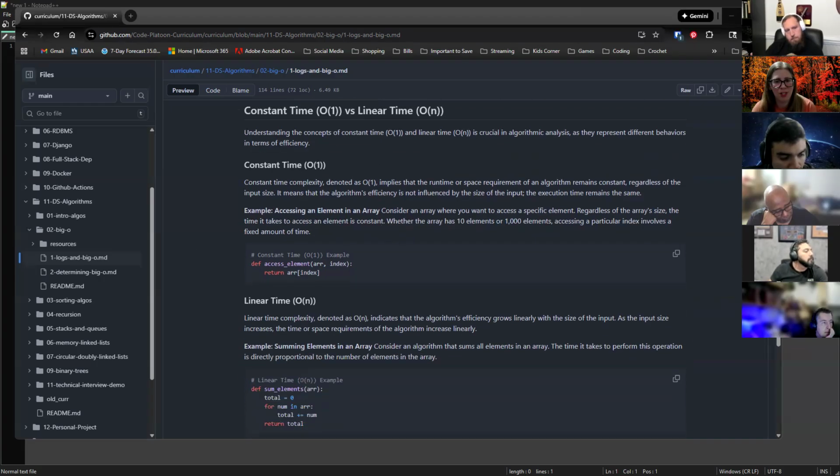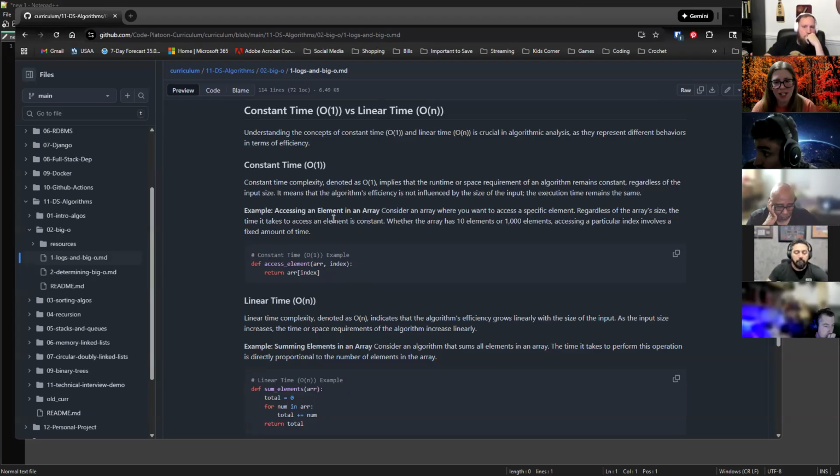And for constant time, basically the runtime and space requirements will remain constant regardless of the input size. So the algorithm is not influenced by what you are passing in as the input. If that seems obscure, here's a nice example.